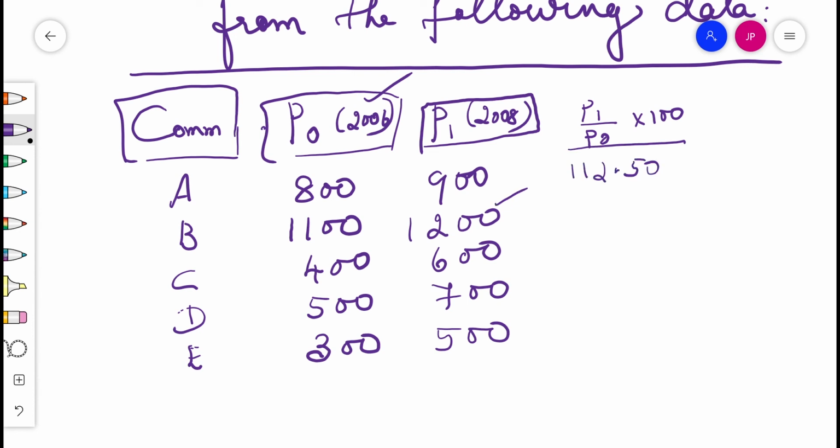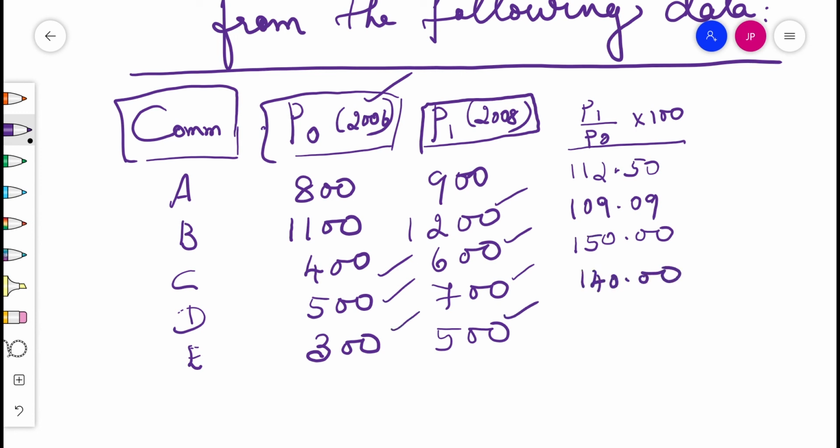The next one is 1200 by 1100 into 100, 109.09. Next one is 600 by 400, so 150 comes. 700 by 500 into 100, it's 140. 500 by 300 into 100, that is 166.67. Total it.